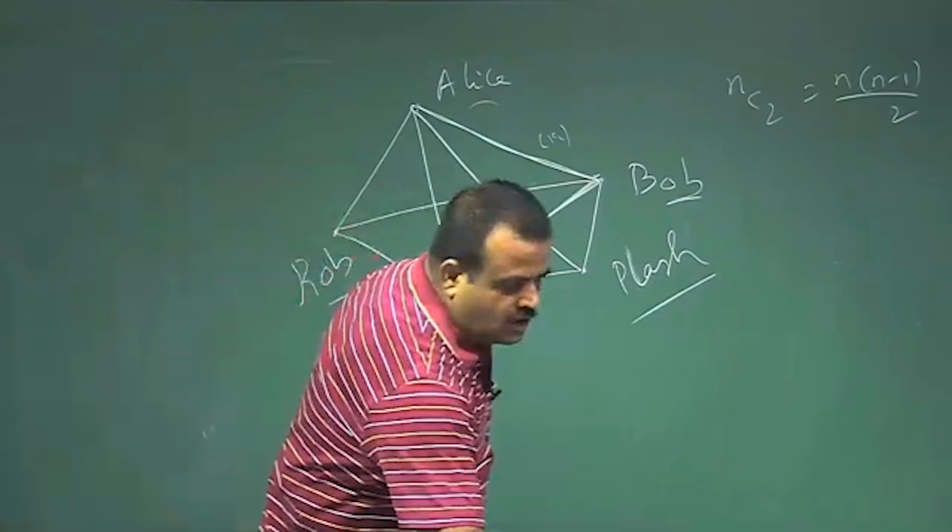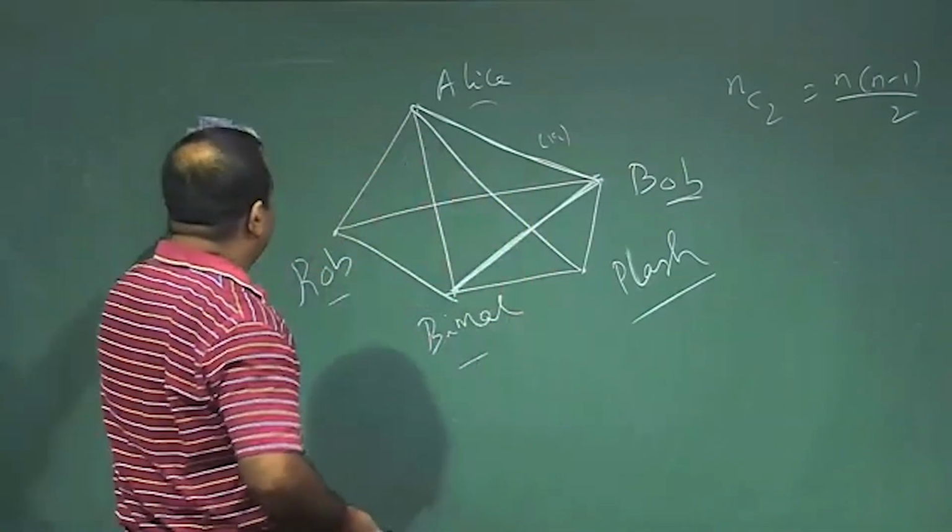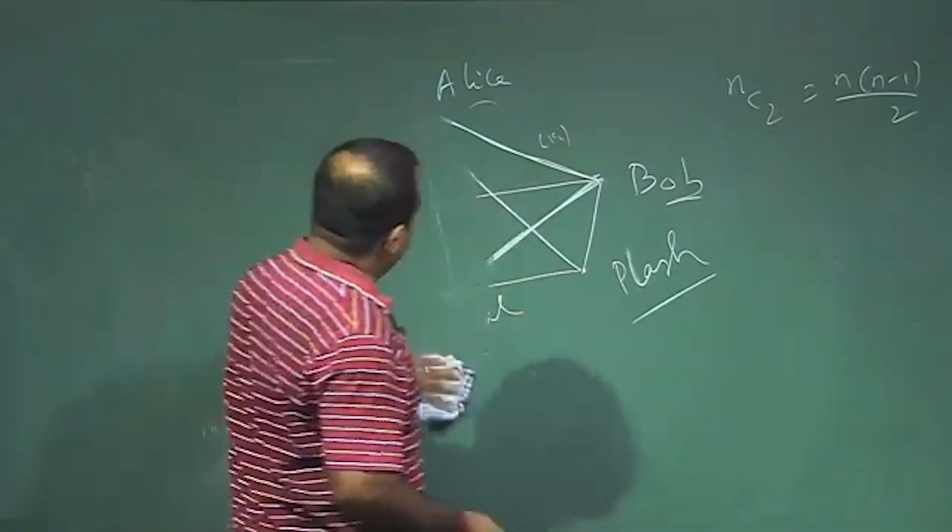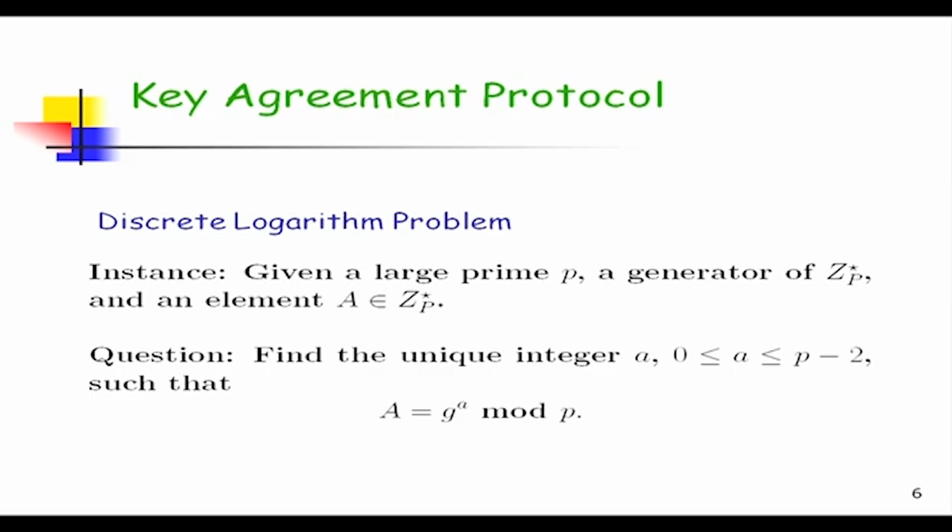So now we will talk about the Diffie-Hellman key exchange protocol. This was the first work which directed us to the public key crypto system.